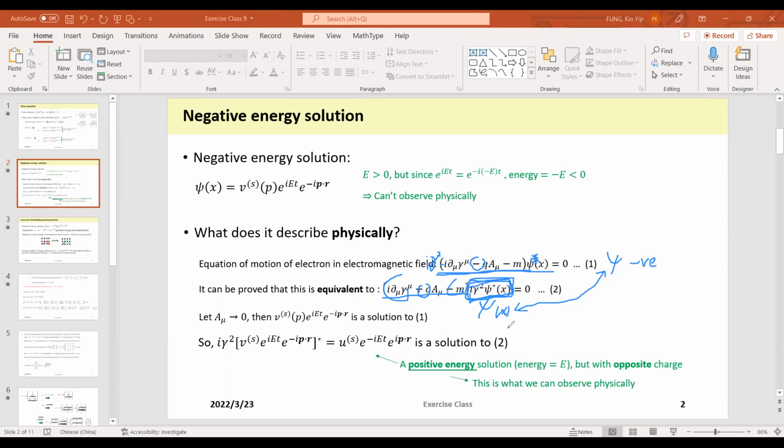Right, and this will be a solution that corresponds to another set of equations, but only with the charge flipped.